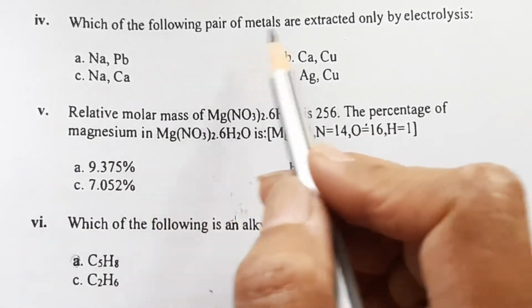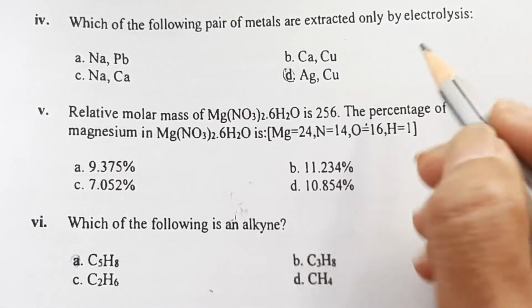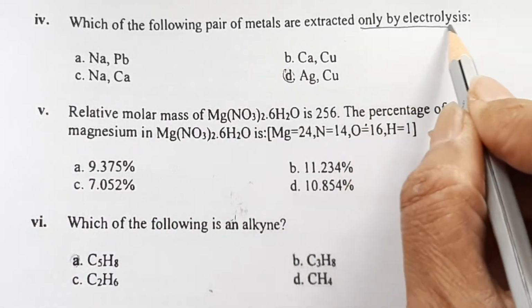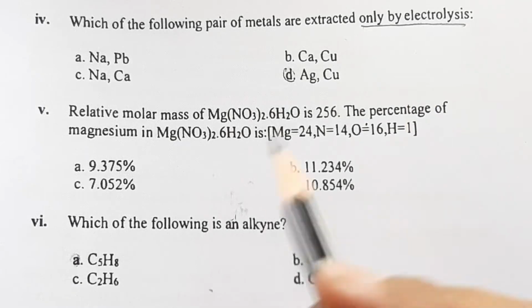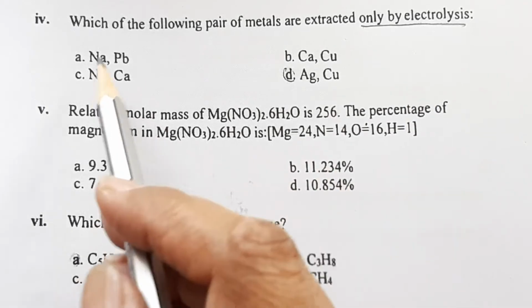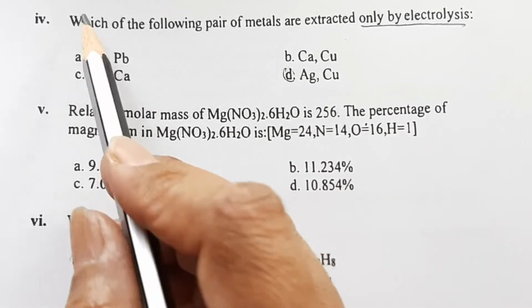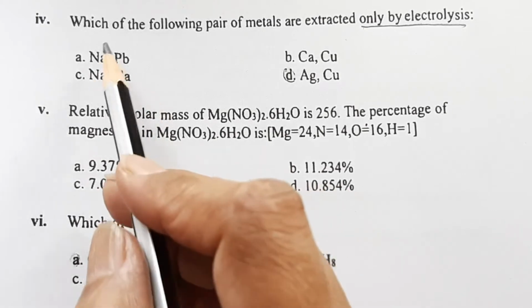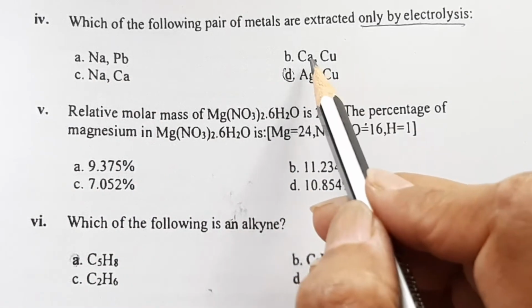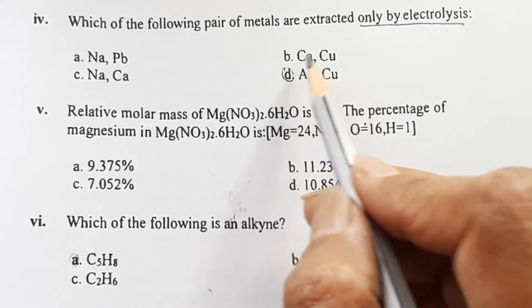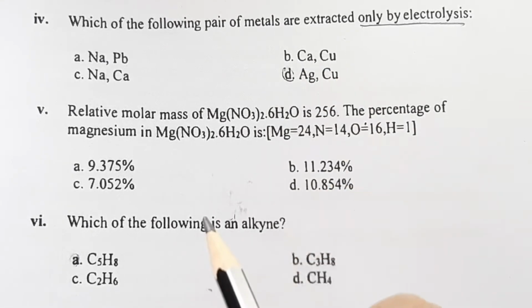We come to the fourth subpart. Which of the following pair of metals are extracted only by electrolysis? Now, only by electrolysis means they must be higher in the EC series. So, which are higher in the EC series? Na and Pb? Na, yes, sodium is on top of the EC series, but Pb is not. Ca and Cu? Ca is higher in the EC series, but not copper.